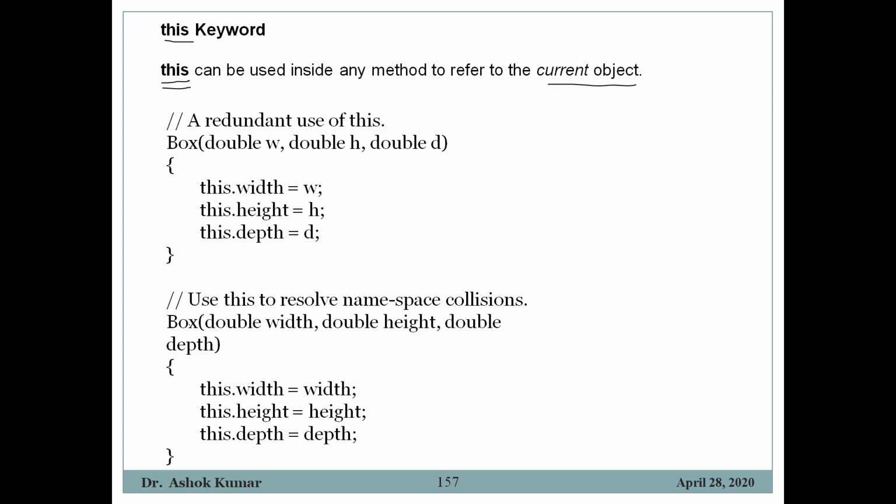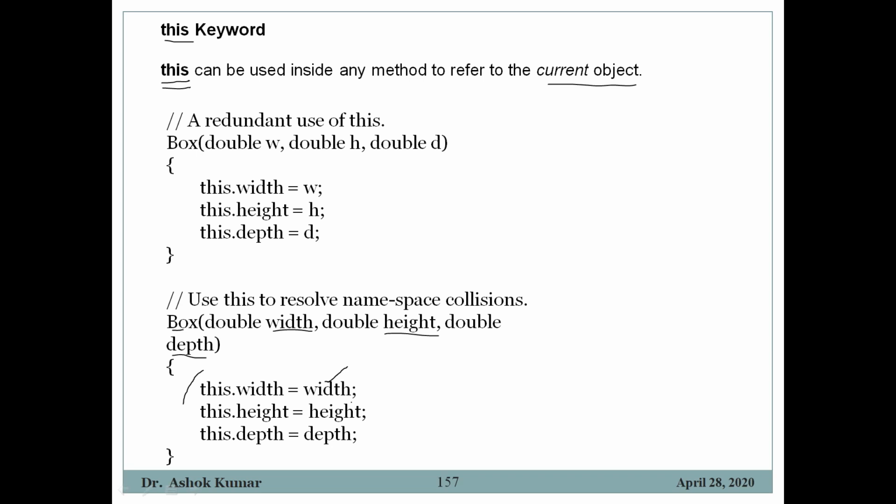So if the local variables of the constructor are the same as the instance variables, in that case the local variable hides the instance variable. Hides means that within this method, if you just use width like here, that width will refer to the local variable.